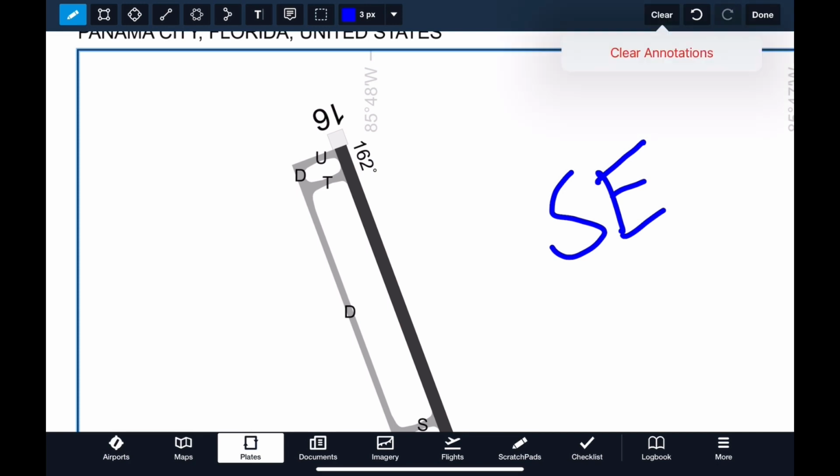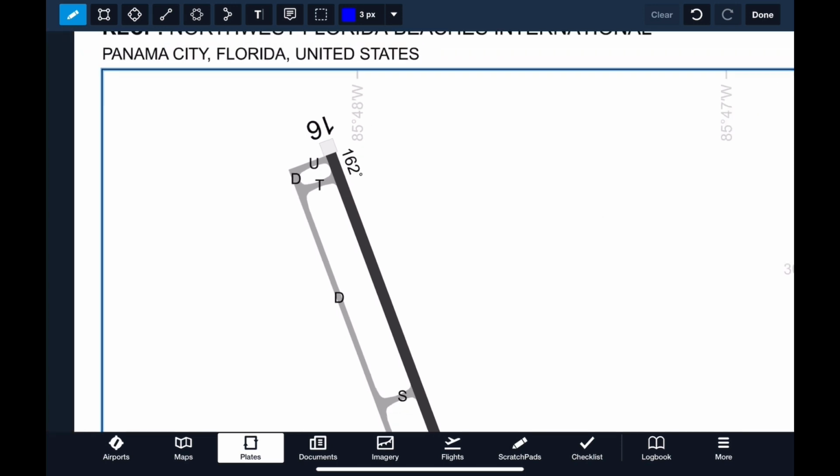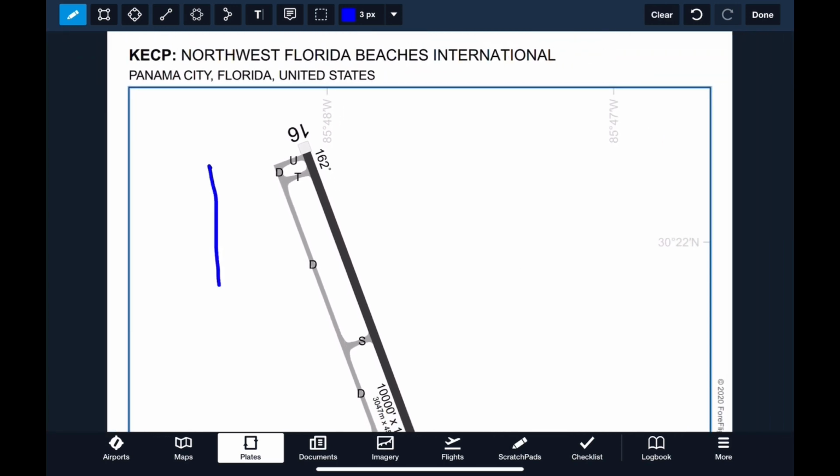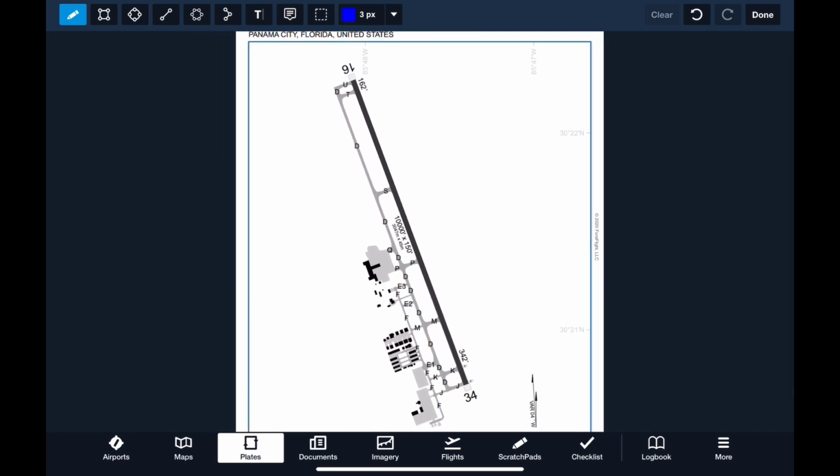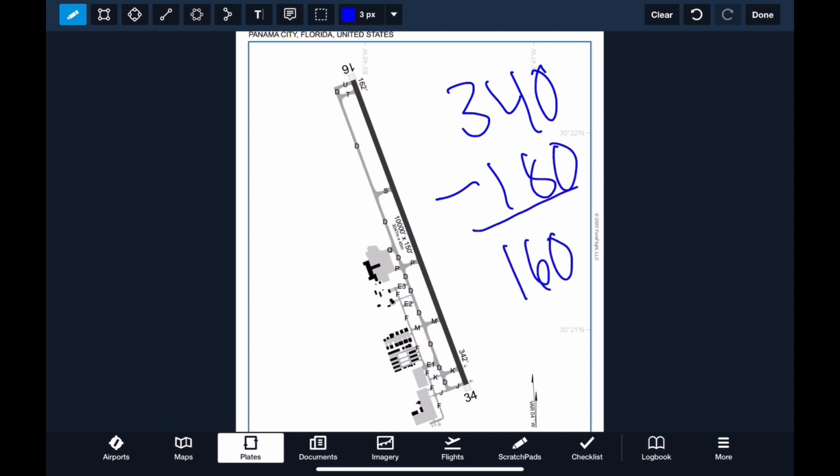And if you haven't been able to tell yet, if you look at this, 160 degrees and 340 degrees, it's just the reciprocal. So 340 degrees, if you were to subtract 180 from that, 340 minus 180, you get 160.